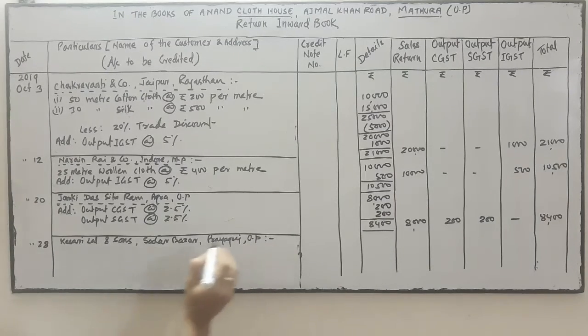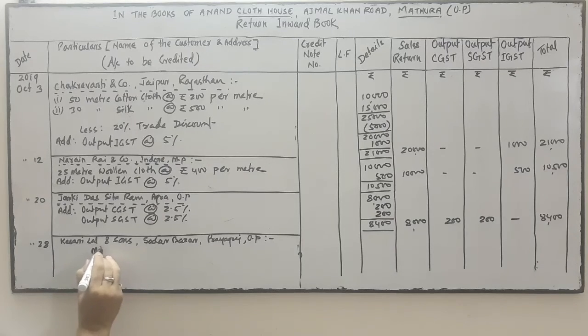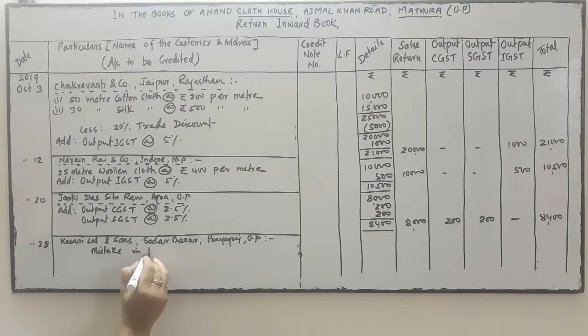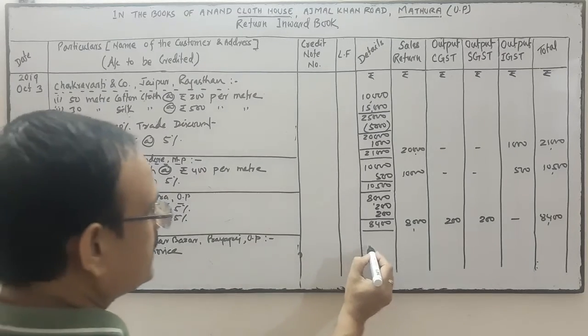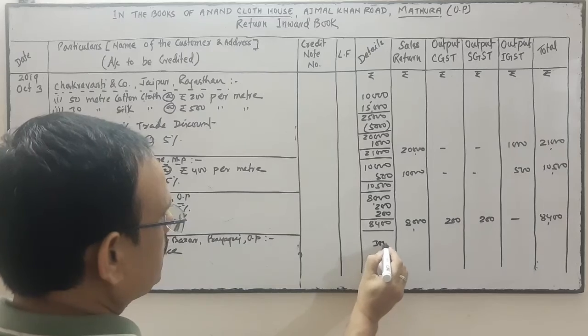What is the reason? Mistake in invoice. There is a mistake in invoice, rupees 3,000.